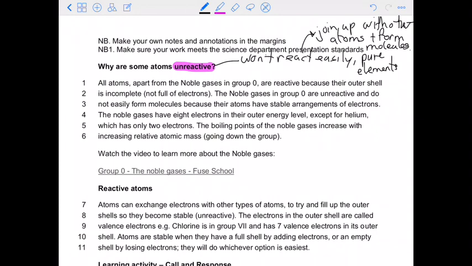So, all atoms, apart from the noble gases, which you'll remember are in group 0, on the very right-hand side of the periodic table, are reactive because their outer shell is incomplete.